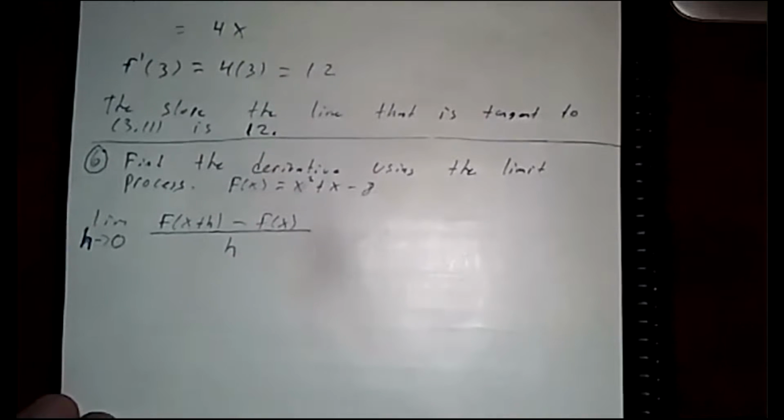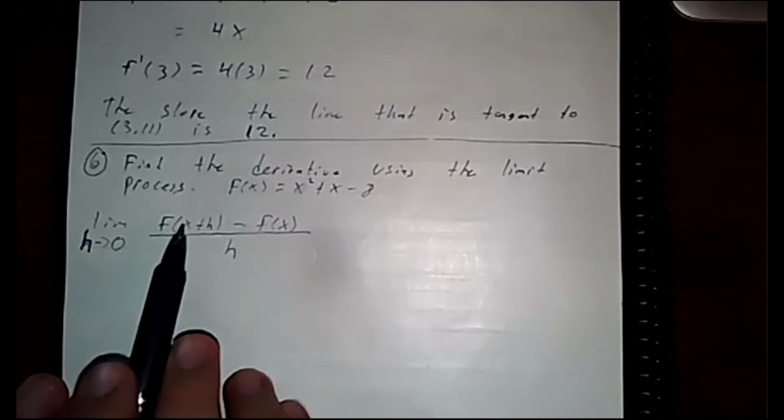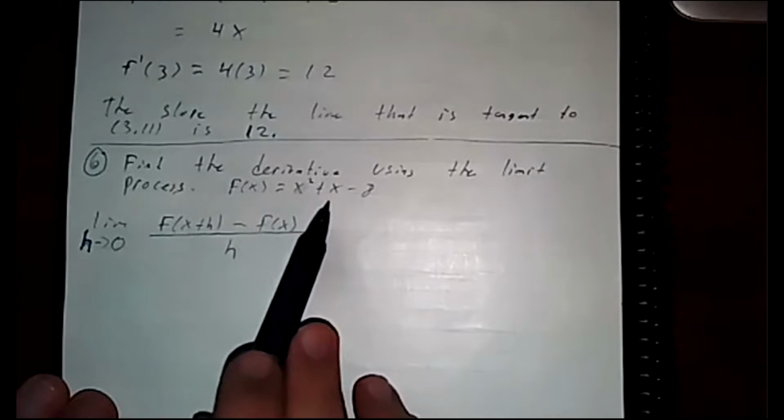So you find this difference quotient, then you take the limit and you will get the derivative automatically. So we first got to find what the heck is f of x plus h. We know what f is, right? So that's easy. That's this.